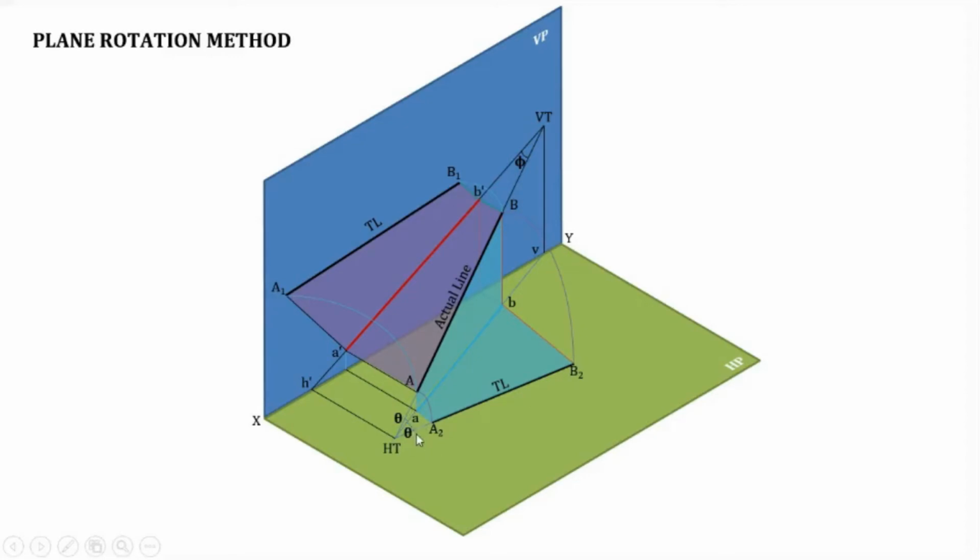Since we are rotating this triangular figure, if we consider not just this trapezium but this entire triangle including HT, and rotate it, then here also we will get the same triangle. So HT is lying in the same line as A2, B2 as well as AB. The point of intersection of AB with A2, B2 will give you the HT, and the inclination will give you the true inclination with the HP, that is theta.